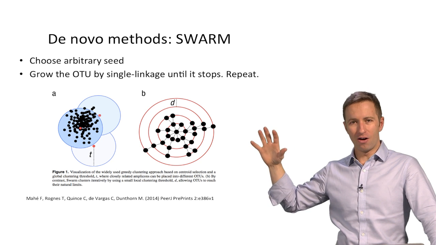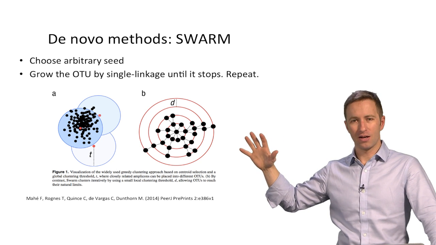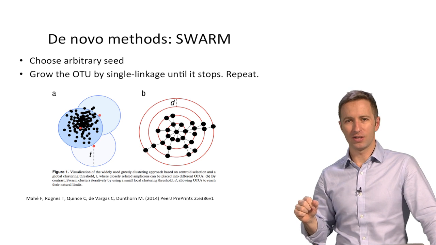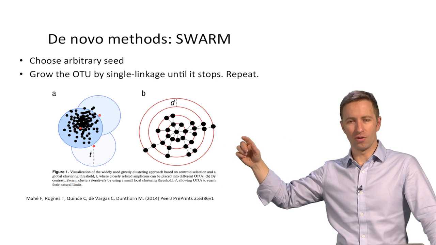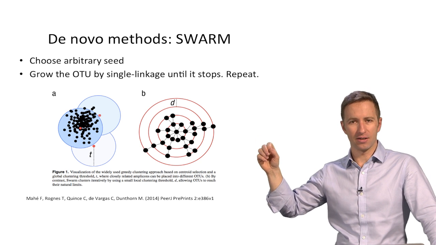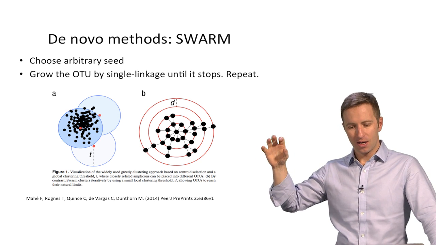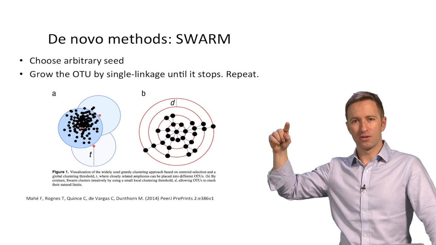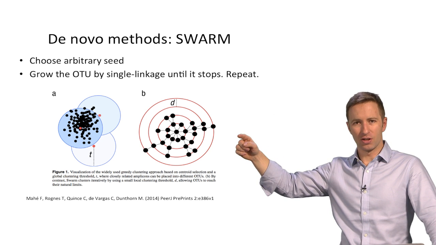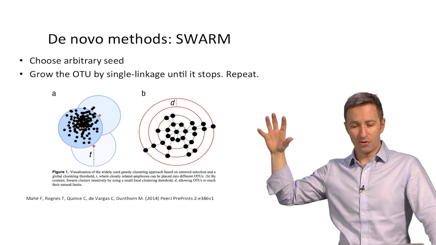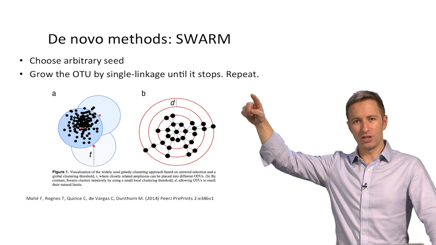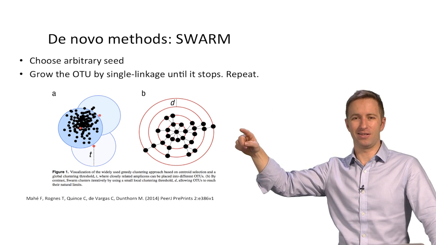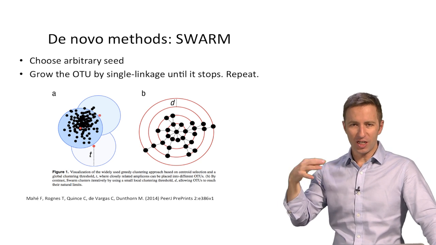You take all of those subseeds and look for anything in the reference database that's within D distance, like 1 nucleotide mismatch, for example. Then they make another ring around the cluster, add those sequences to the cluster, and search for sequences within D distance of them, and they just keep doing that until it stops growing.